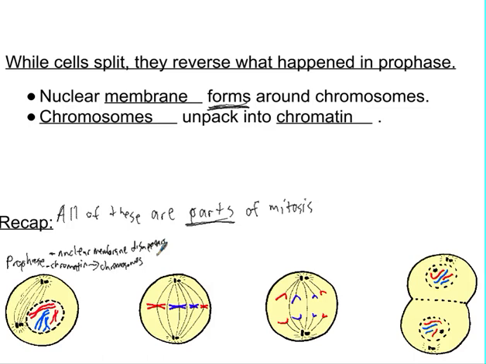Next, metaphase. What's the main thing that happens in metaphase? They don't split yet. They go to the middle, so they line up in the middle. That's the main thing for metaphase. It's basically setting up to be able to split perfectly.